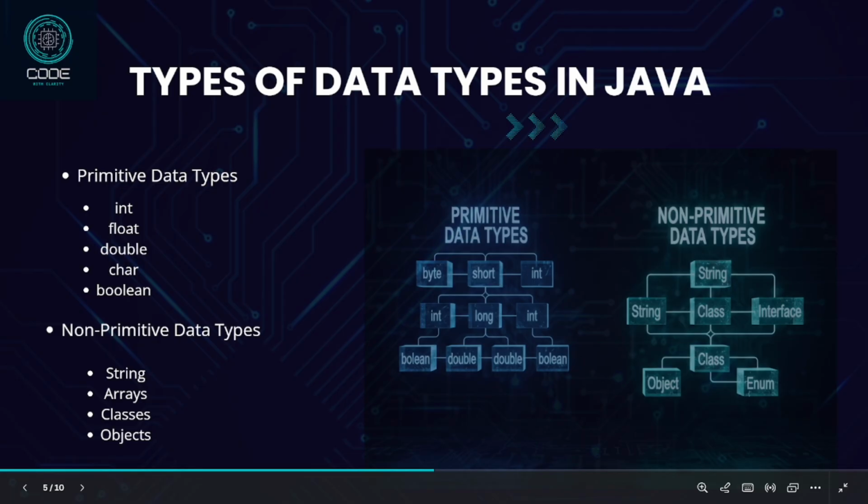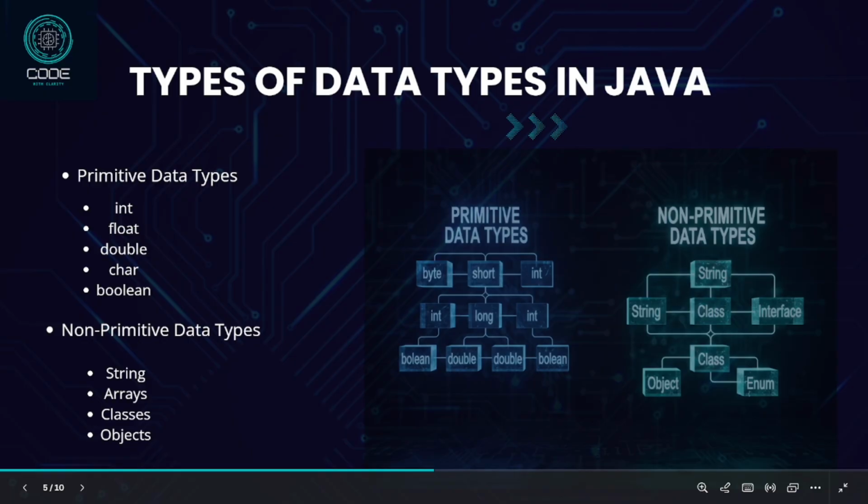Second is float. It is used to store decimal numbers, but with less precision. Means 0.5, 0.10 something, but it has a limit. Then double. It is also used to store decimal numbers like 10.5, 100.0 something, but it gives more precision than float. मतलब उसका रेंज ज्यादा होता है float के कंपैरिजन में.